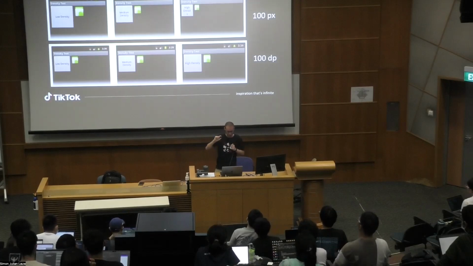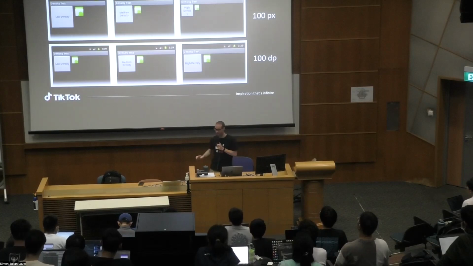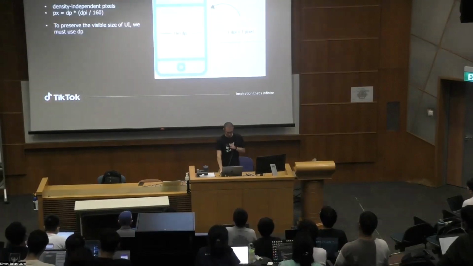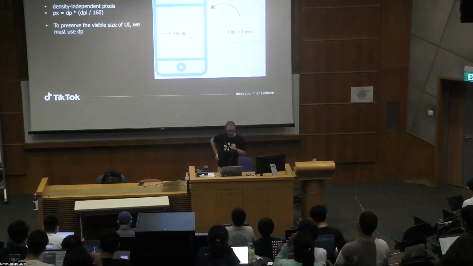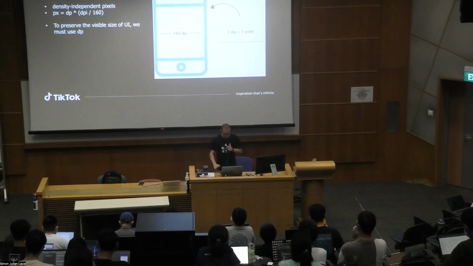To make sure that my image is still displayed at the same size on different devices, regardless of the screen density, we use DP, which is the density-independent pixel. Here, in this very simple example, 1 pixel is one DP.